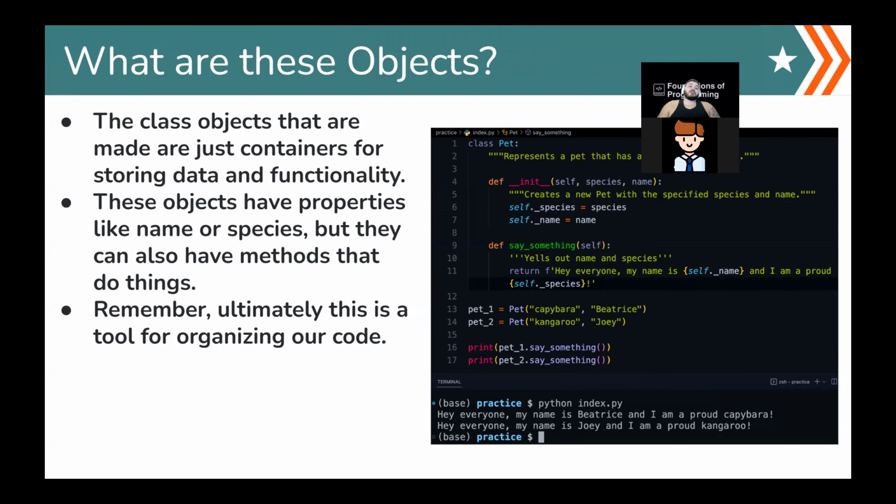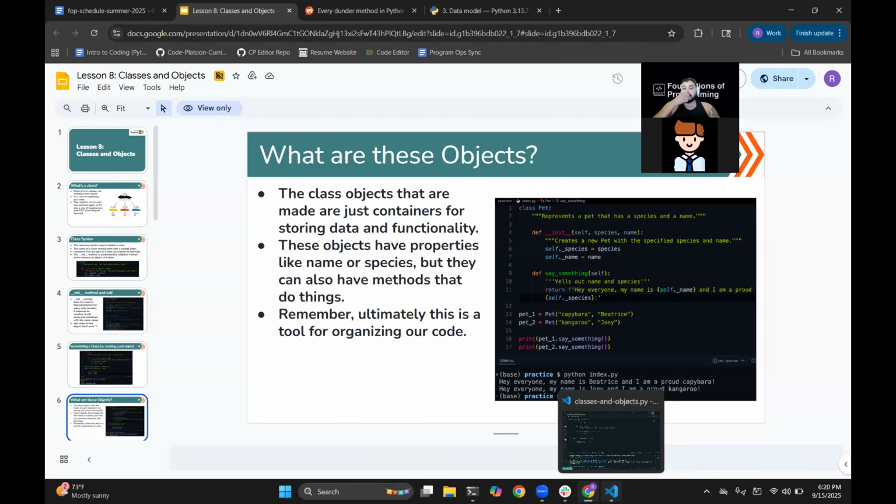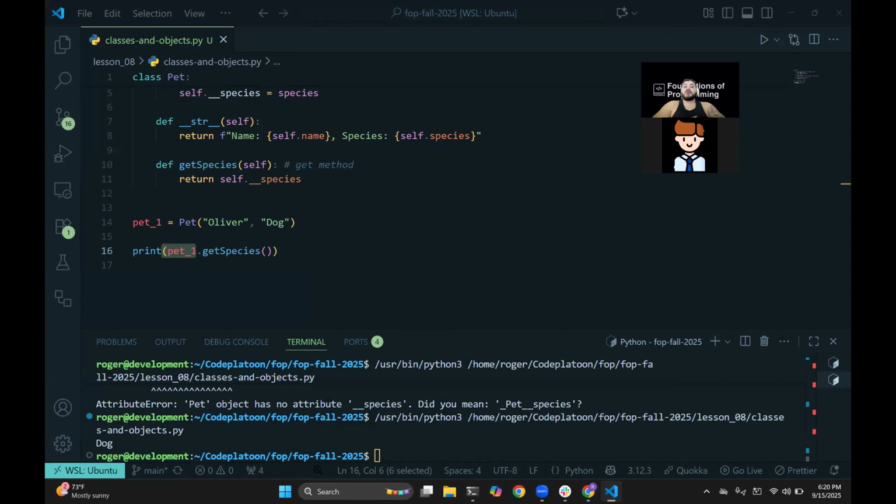The class objects are just containers for storing data and functionality. These objects have properties like name or species, like you saw earlier, but they can also have methods that do things. So remember, ultimately this is a tool for organizing your code. So let's talk about the ability to do things, methods to do things.